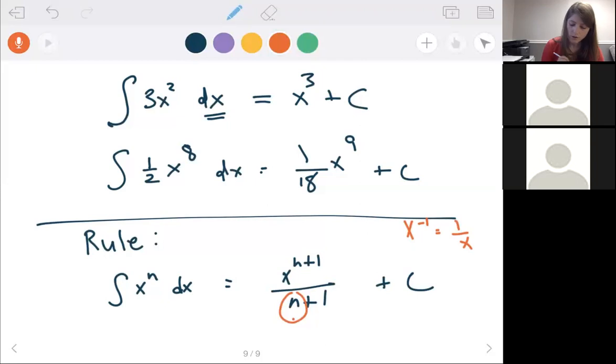So it actually turns out that this rule not only works for the positive powers we've looked at, but you can extend it to negative powers as long as your power isn't -1, and you can also extend it to fractional powers. So this one is going to be our single most important rule that we're going to see for chapter 7, particularly 7.1 and 7.2.